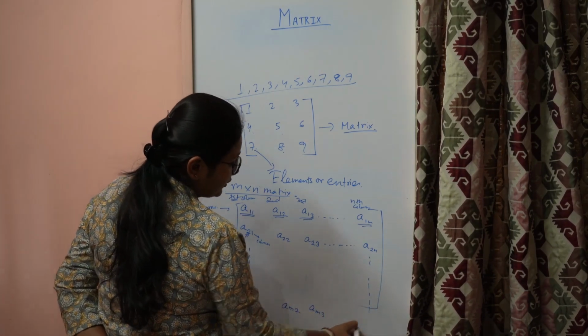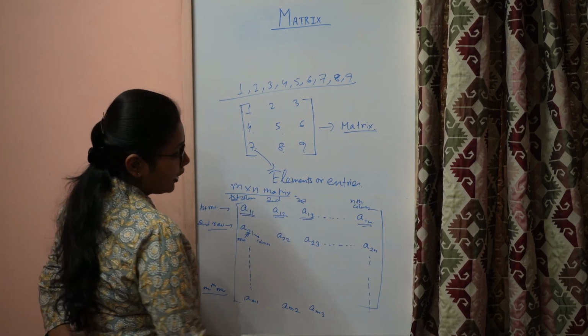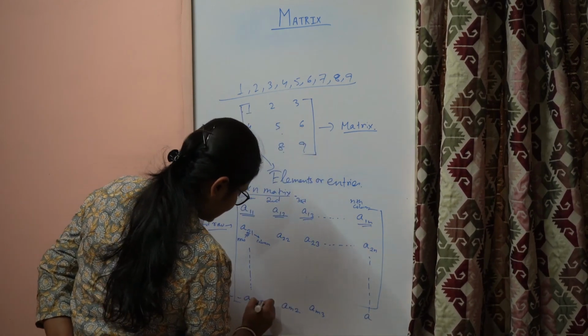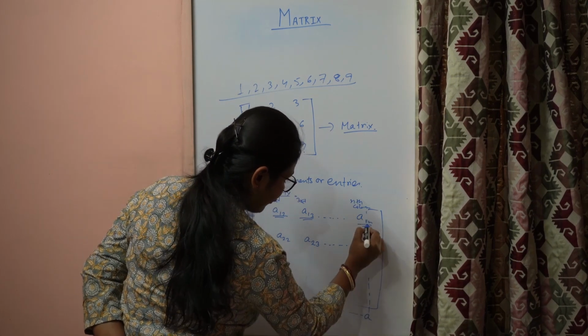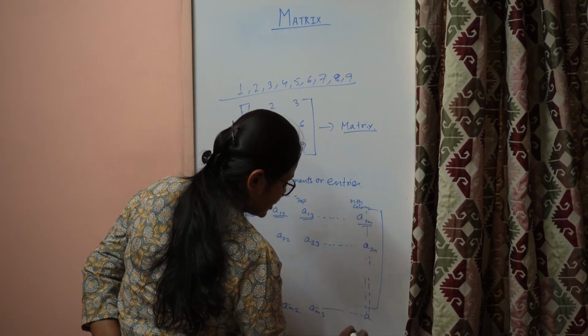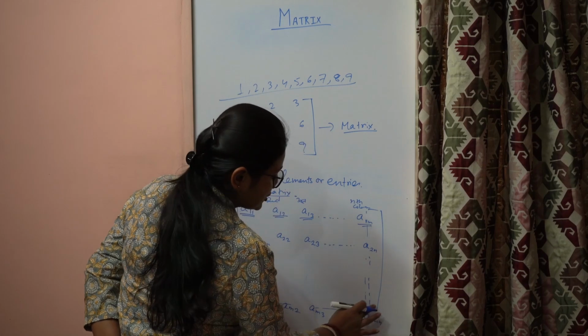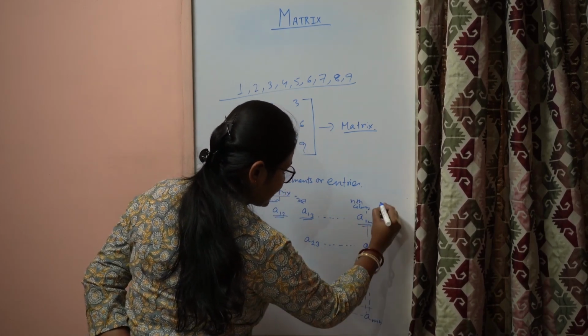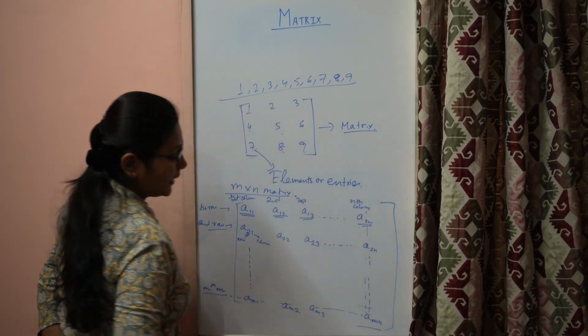The last element of the mth row and nth column will be Amn.